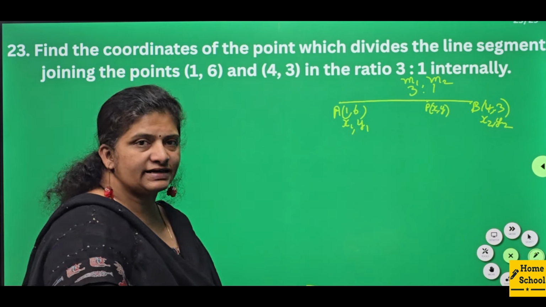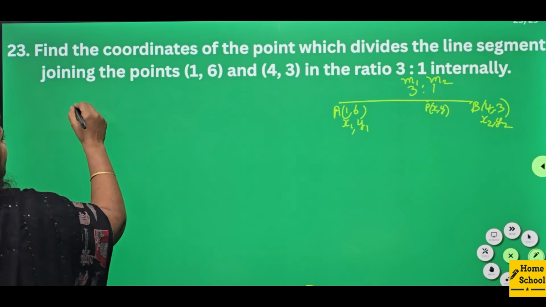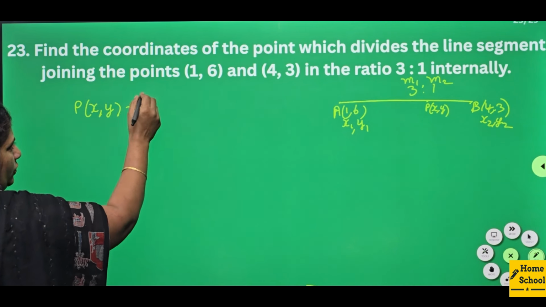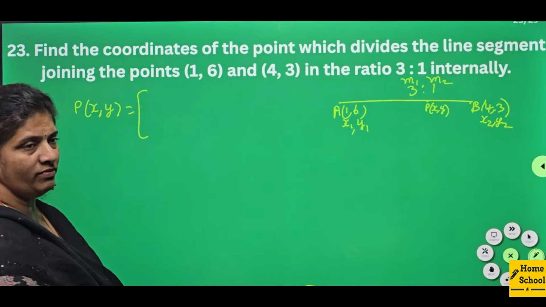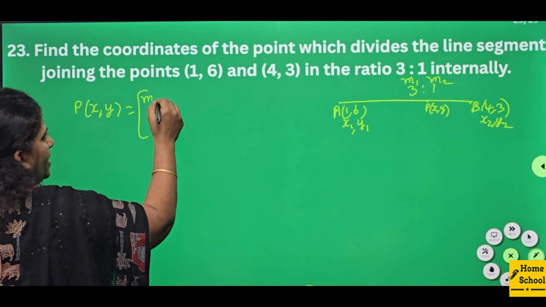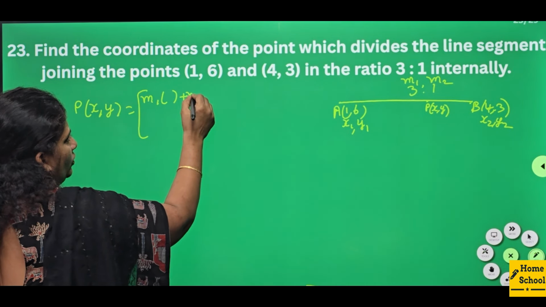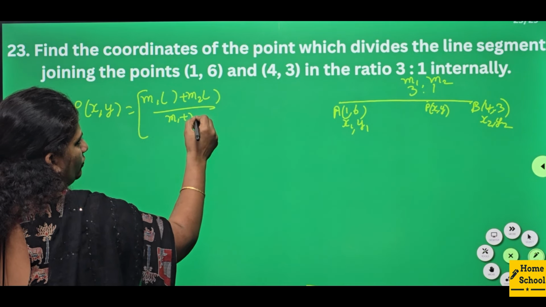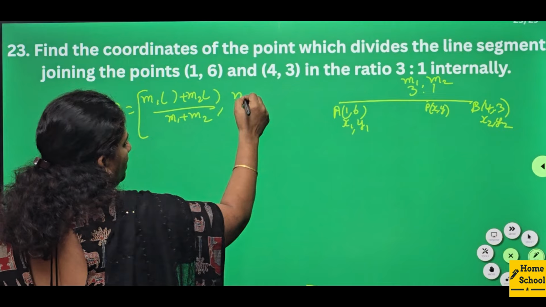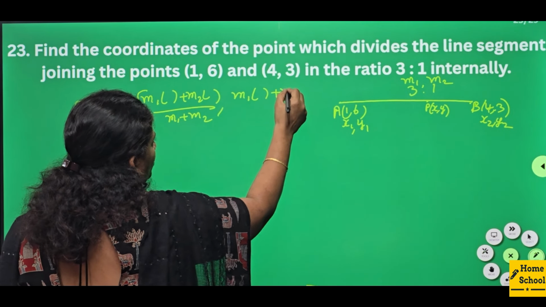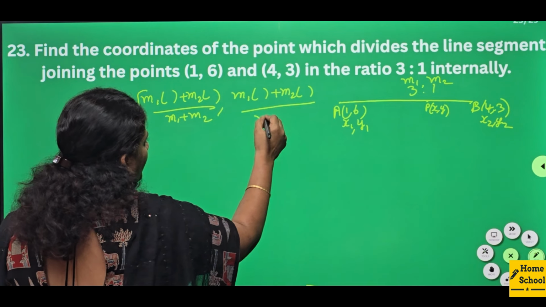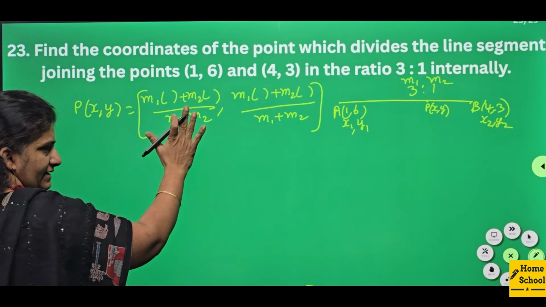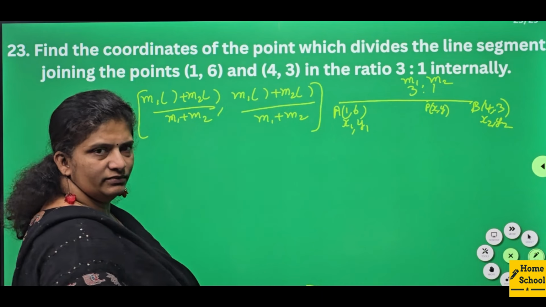We know the section formula. The section formula is P of x, y is equal to, how to write the section formula easily? (m1 x2 plus m2 x1) by (m1 plus m2), comma, (m1 y2 plus m2 y1) by (m1 plus m2). This is the x term and this is the y term, right?